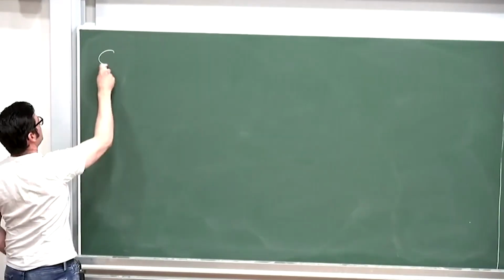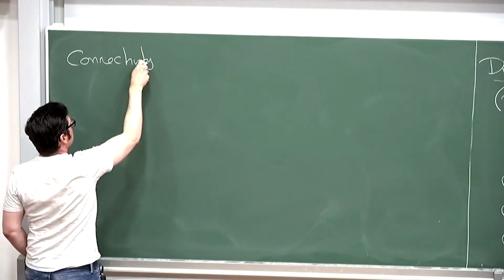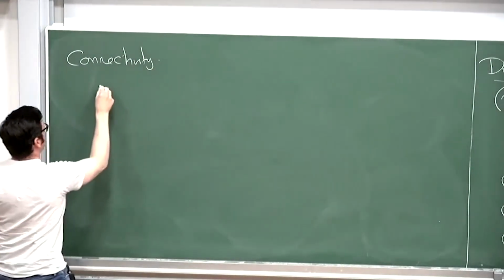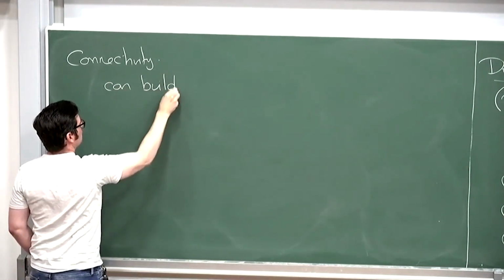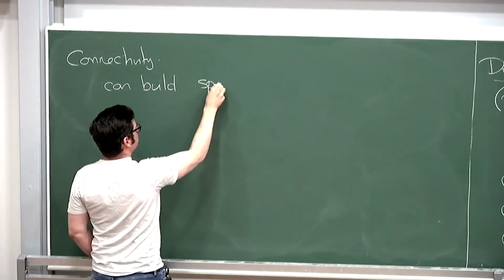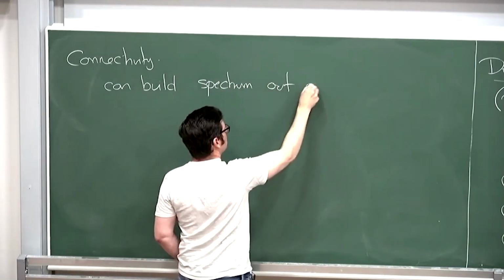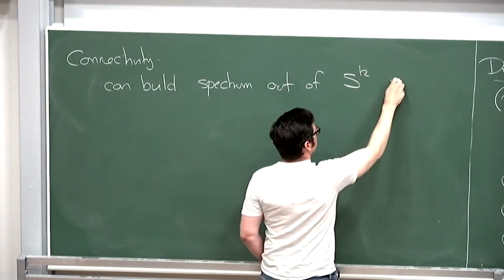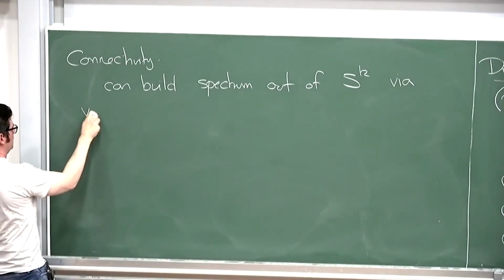So my connectivity, well, on the one hand, it means I can build my spectrum out of the k-sphere via various homotopy colimits.